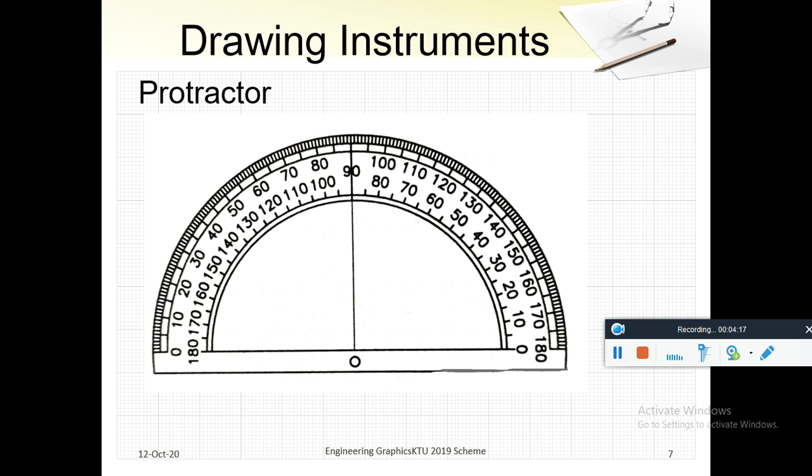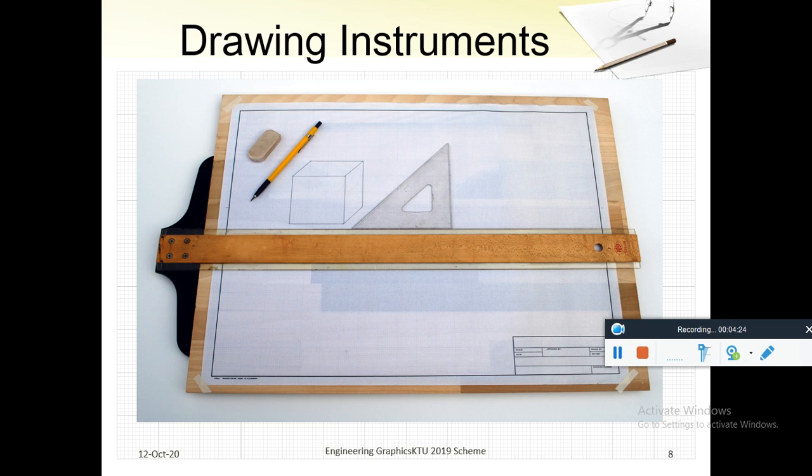A protractor is used by engineers to take angles. This is how engineers use the T-square and set square together. It is slid over this T-square and we can draw parallel lines.